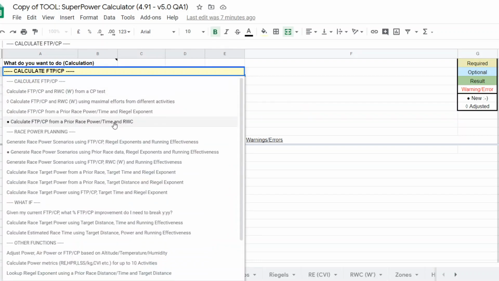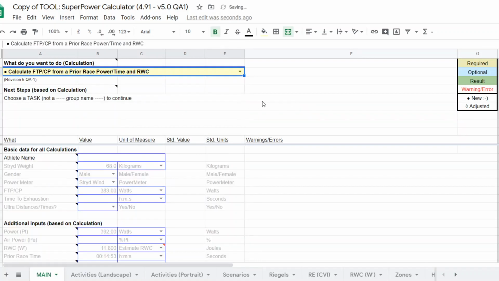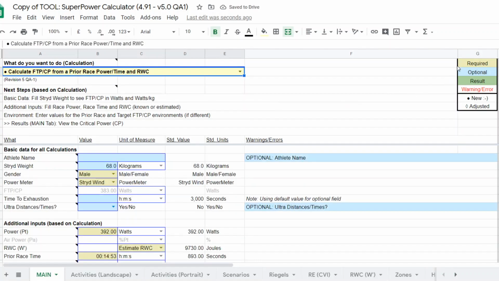So I'm going to actually select that calculator. Like all of the calculators, the required elements are in this yellowish or goldish color, optional elements are in blue, and the outcome or the result is in green. Warnings will be posted off to the side.